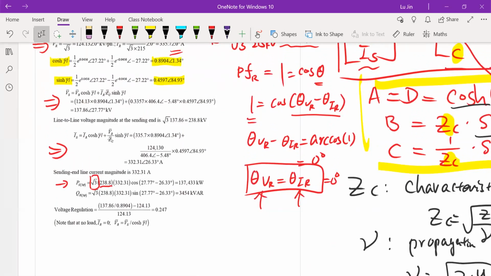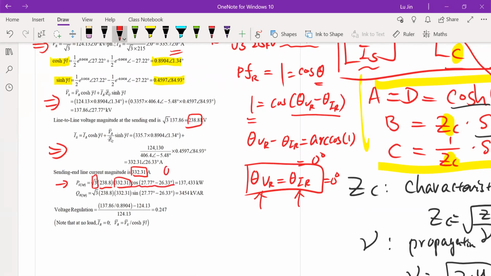So this is okay. I think we are using line to line voltage, right? Sorry for that. So here, square root of 3 multiplied by the magnitude of the line to line voltage, which is given here, and then multiplied by the line current magnitude, and this cosine theta.